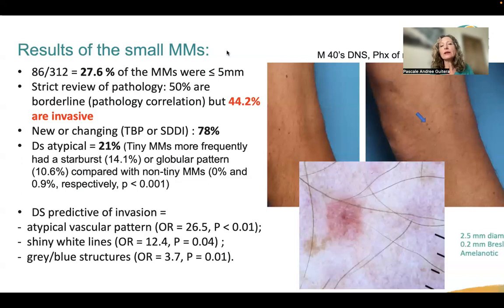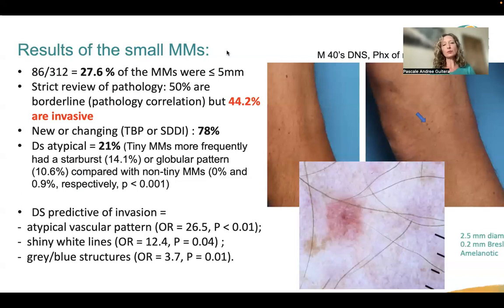You have an example there on the knee of a 40-year-old, something that is very small, 2.5 millimeter, but already 0.2 millimeter Breslow thickness. And you can see on this photo also the shiny white line that had an odds ratio of 12 for invasion in our series. Gray-blue structure was also an odds ratio of 3 and important for the prediction of invasion.